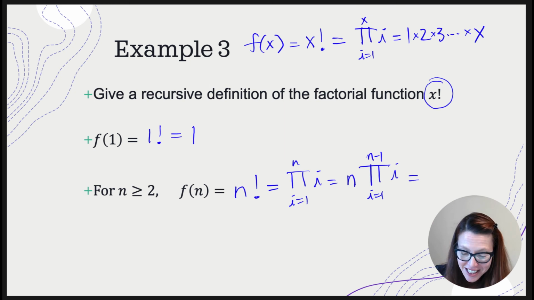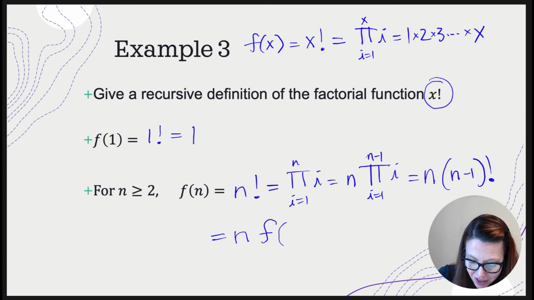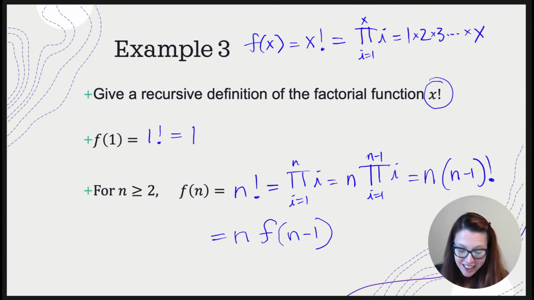But this is n times n minus 1 factorial. And that means f of n is equal to n times f of n minus 1. And so this gives us a recursive definition for the factorial function.